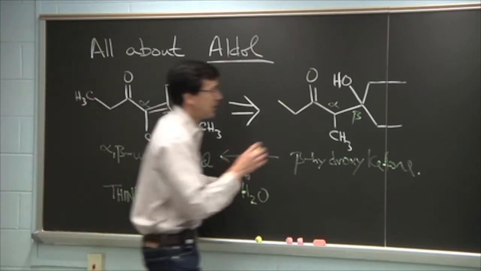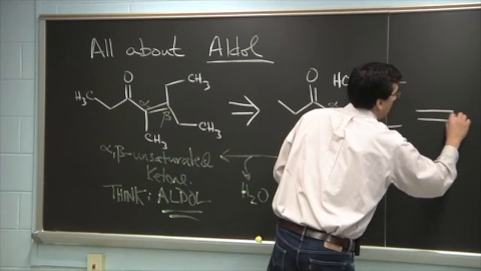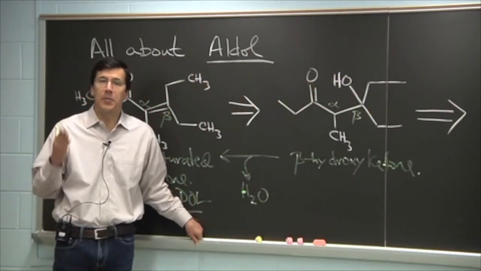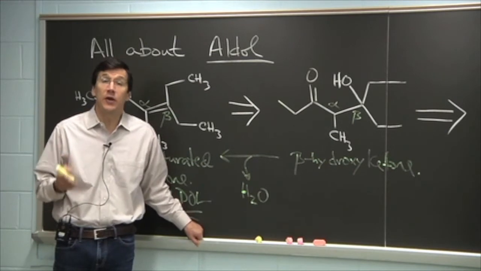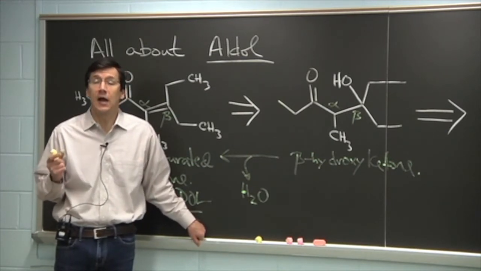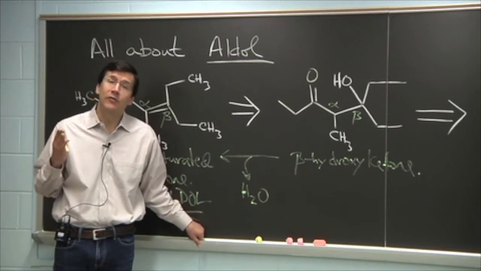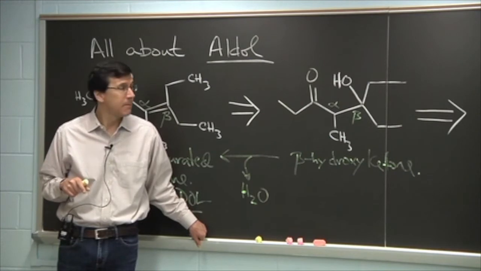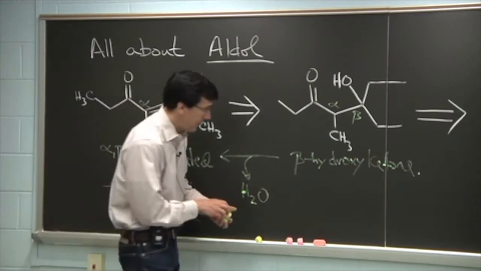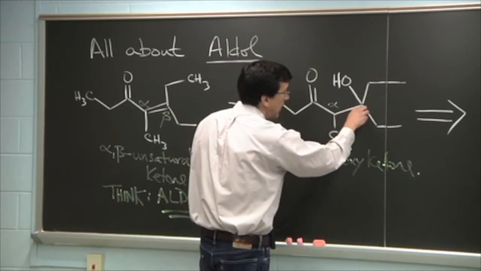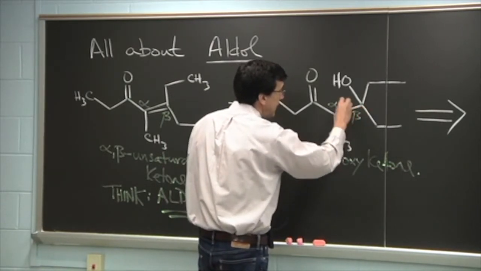And then continue here. Think about what is the bond that is made in the course of an aldol reaction. What is the key bond that an aldol reaction makes? And use that information to work backwards in the opposite direction. The key bond that is made in an aldol reaction is the carbon-carbon bond between alpha and beta.